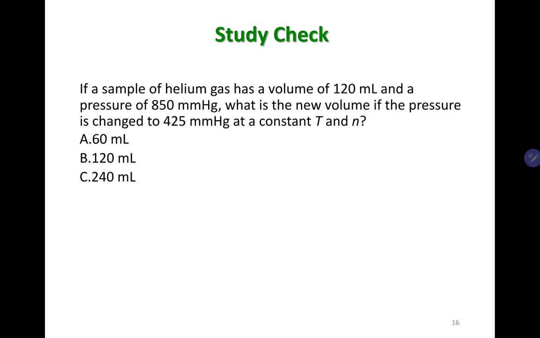Okay, and then I have another calculation for you guys, which is very similar to the previous calculations. Once again, you know V1, and you know P1, and you also know P2.